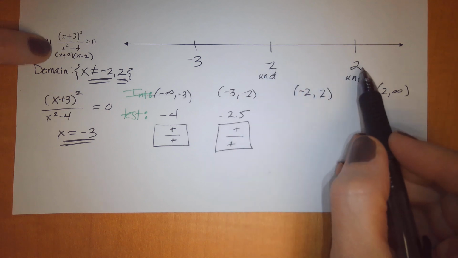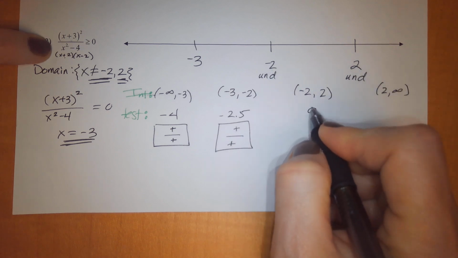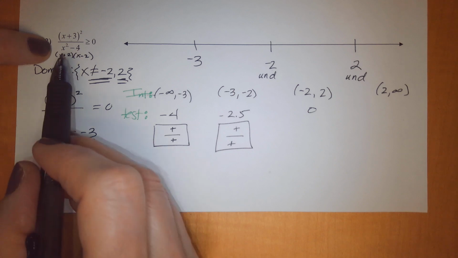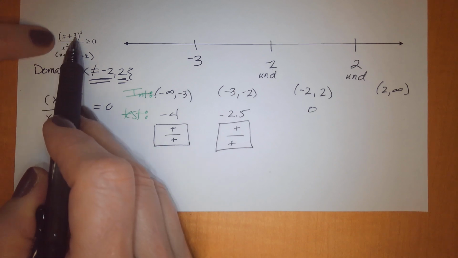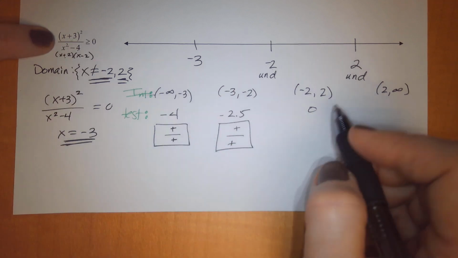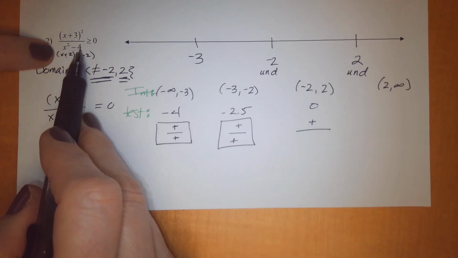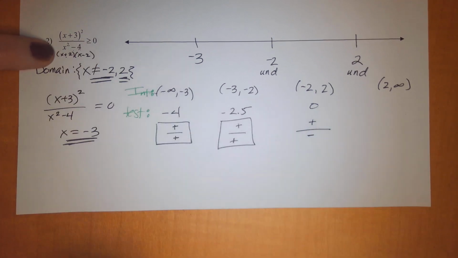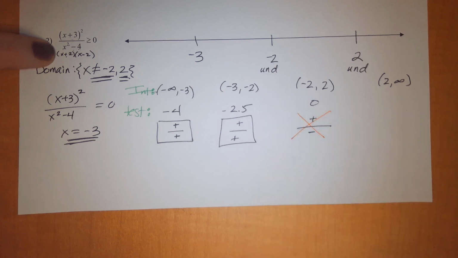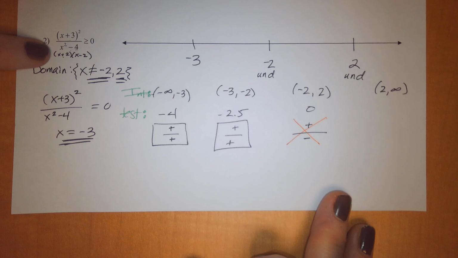All right, let's check a number between negative 2 and 2. 0 seems like a good one to pick. So 0 plus 3 is positive. Positive squared is positive. 0 minus 4, well, that's negative. So this time I get a negative result, so this is not going to be part of my result.